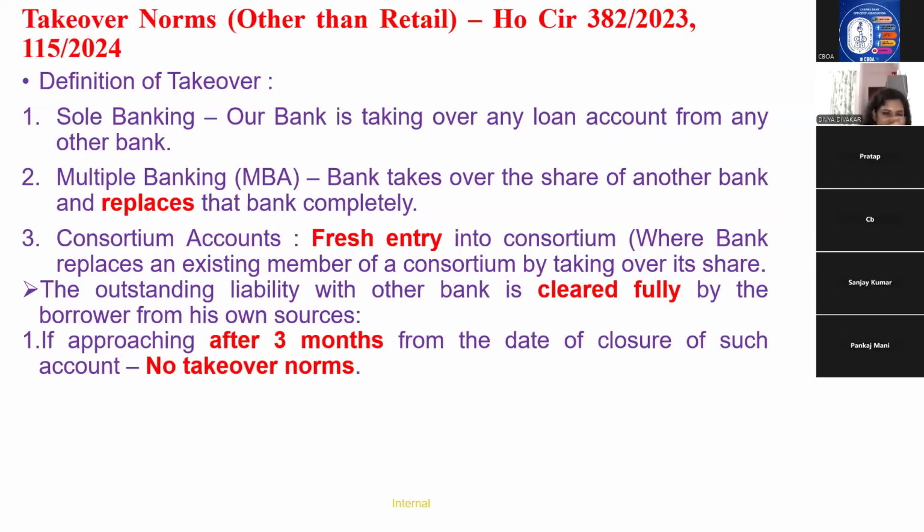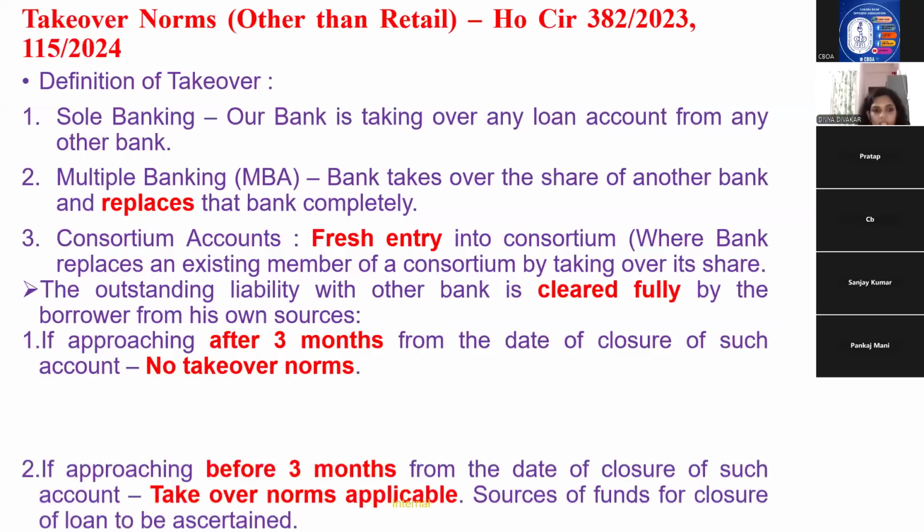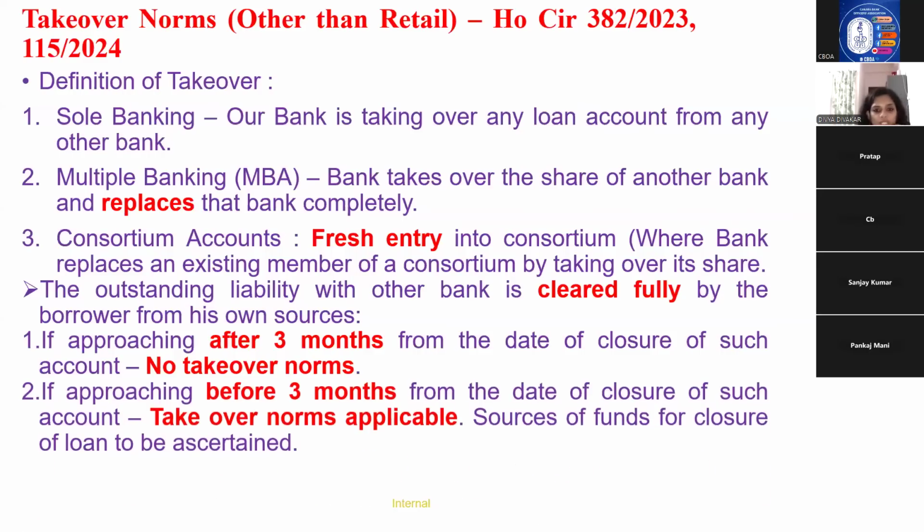If somebody is closing the account already and coming to us, whether we will consider it a takeover when they are closing with their own sources: if they are approaching after 3 months, we won't consider it a takeover. But if they are approaching within 3 months, we will consider it a takeover.